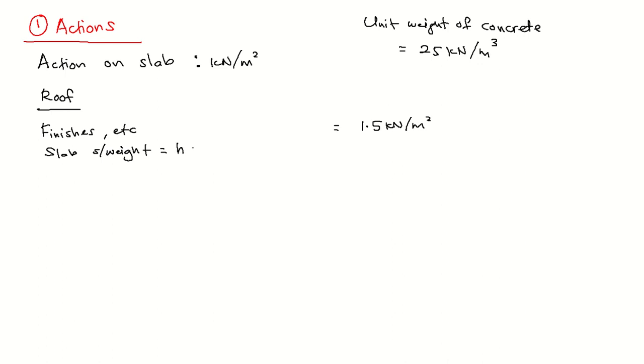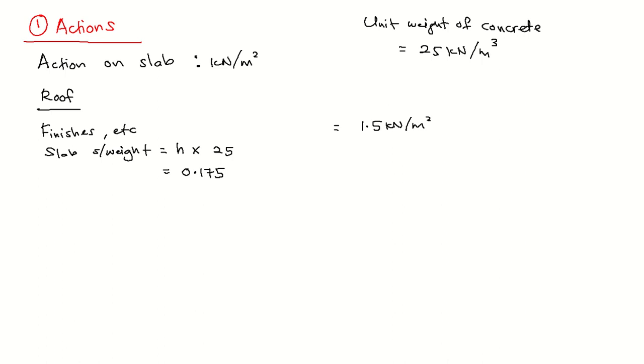Then you have per meter square how much is the self-weight of the slab. So H times 25. Okay, 25 is not FCK, it is not the characteristic strength of concrete, but it is the density, the unit weight of concrete. Students always get confused with this value of unit weight of concrete here. All right. So the slab thickness from the question is 175 mm, so 0.175.